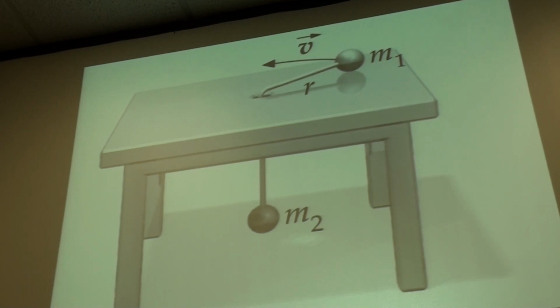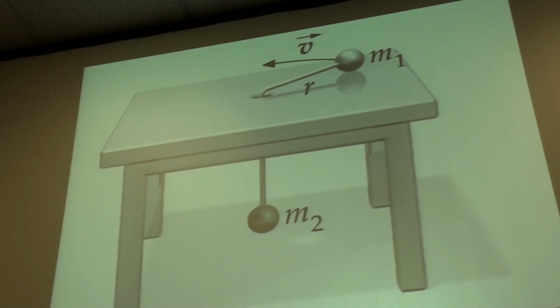Okay, and so that means that we've got to spin m1 around in a circle, and let's say that that radius r for this problem is equal to 2 meters. Okay, so we maintain that radius of 2 meters.